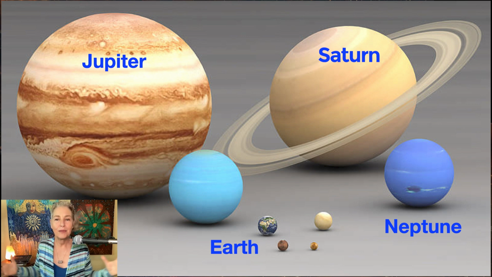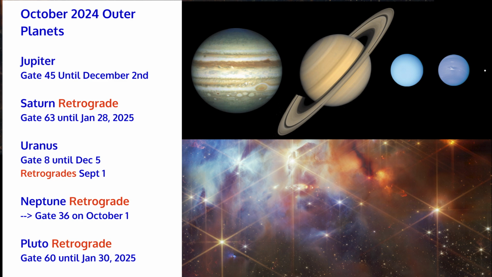But I wanted to show you the scale of the outer planets because we talk about how influential they are, and a lot of times it's, why are the outer planets so influential? Well, part of it is they're massive. They're so big that the energy they emit is really strong. Now, let's take a look at them. This is the order of the outer planets from the sun.